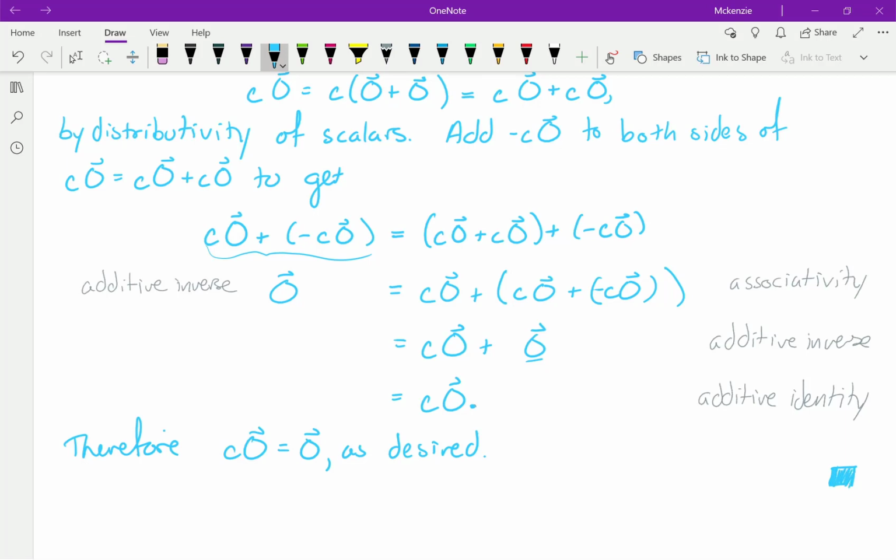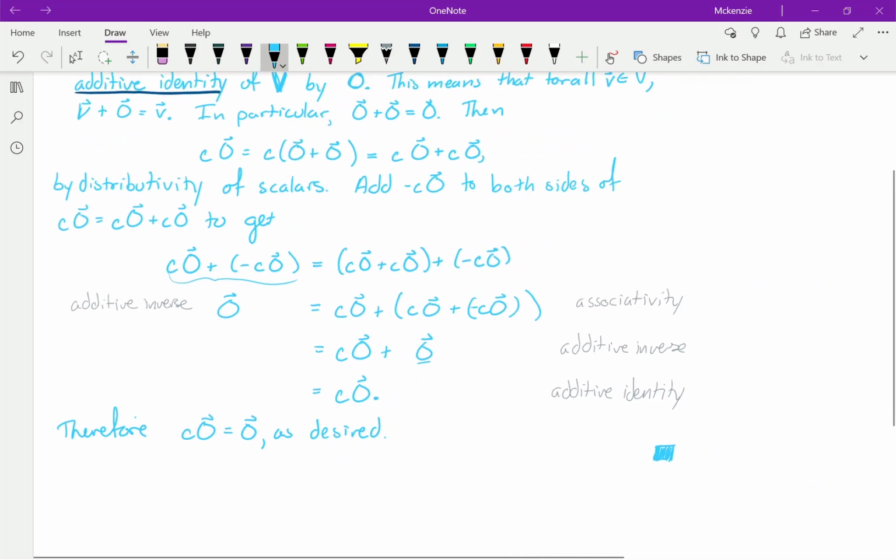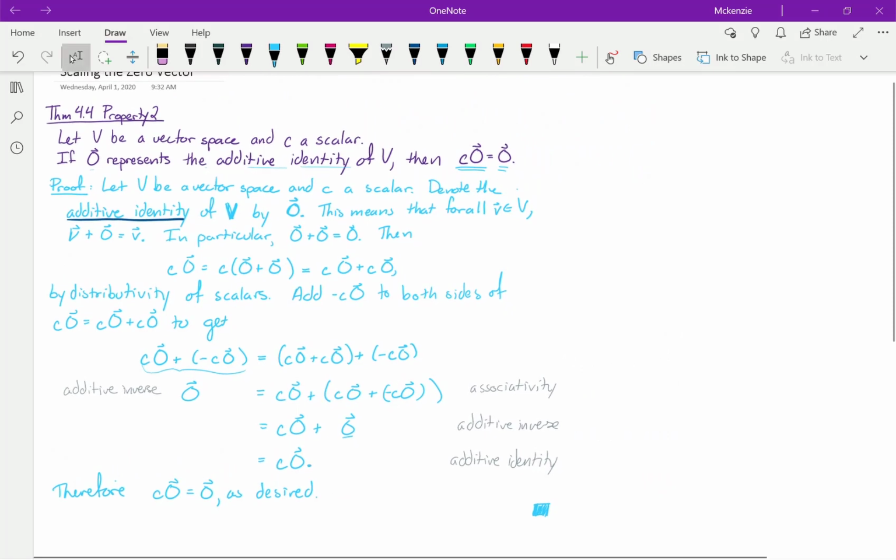So one very important point about this proof that you should be noticing is that we never used lists of numbers. We never pretended we were in R^n or anything. We just used the axioms of the vector space from section 4.2 to prove that if you try and scale the zero vector, you get the zero vector back.